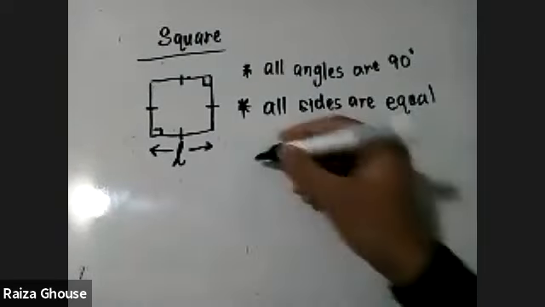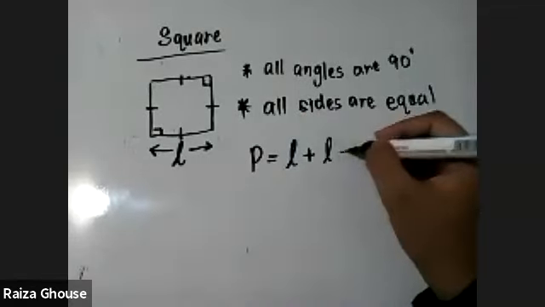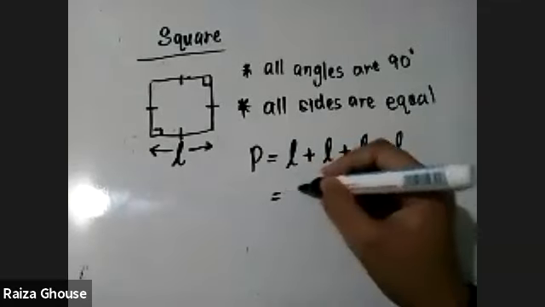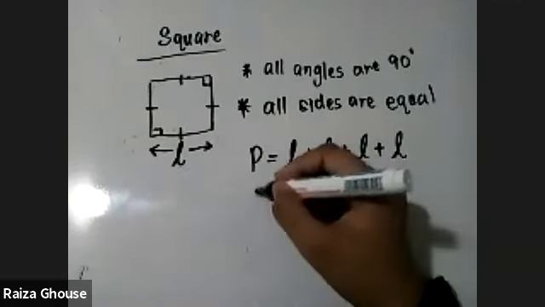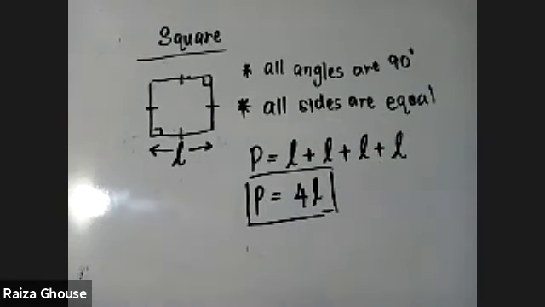So if I am finding the perimeter of a square, what should I do? I have to add all the sides, all 4 sides, and I am getting 4L. So the perimeter of a square is equal to 4L. Is that clear? Yes, okay. If anyone has questions, ask.